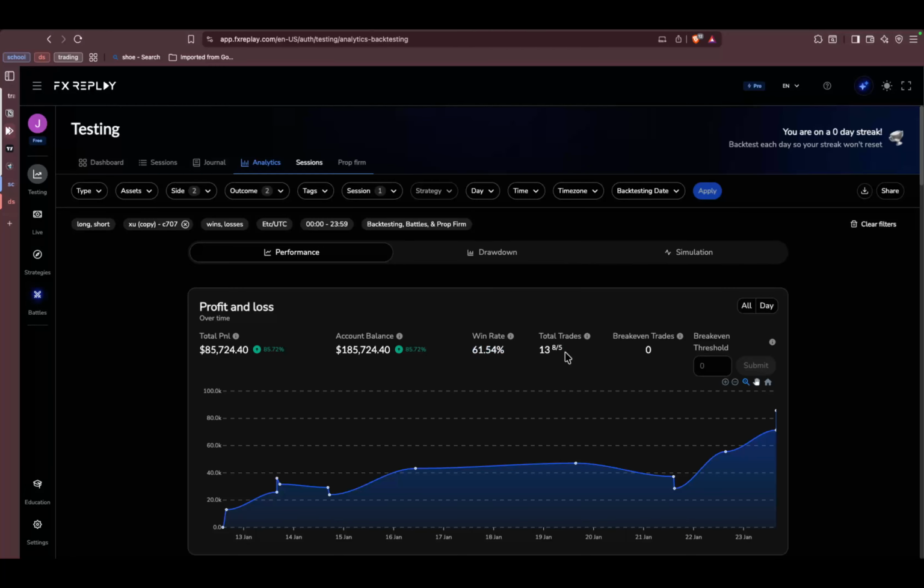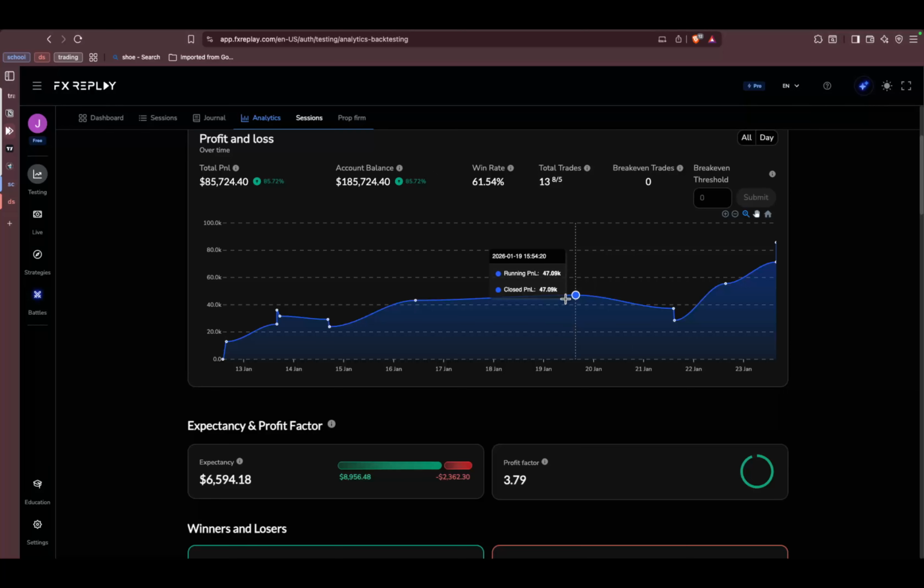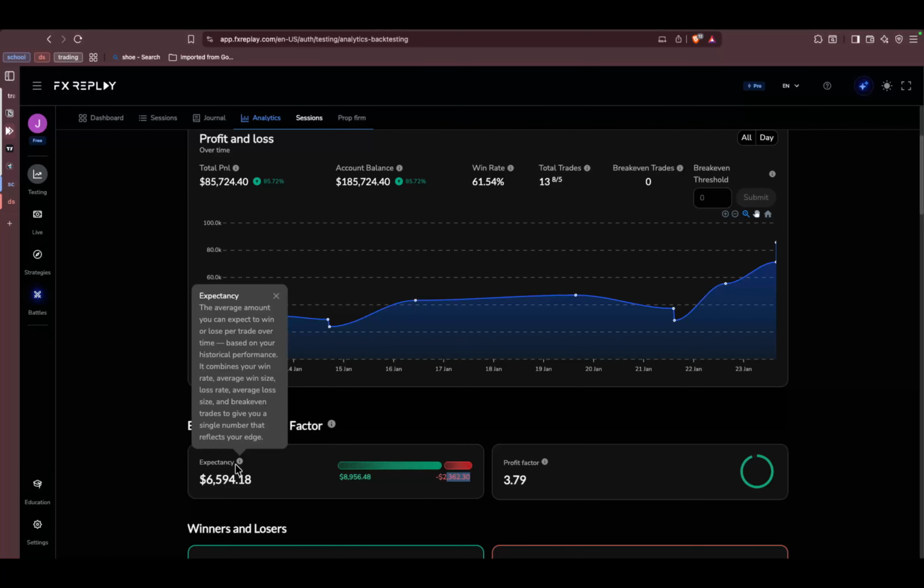Win rate of 61%. Average 1 to 3. Expected to win at least 8K and lose 2K every trade. I think that's what that means.